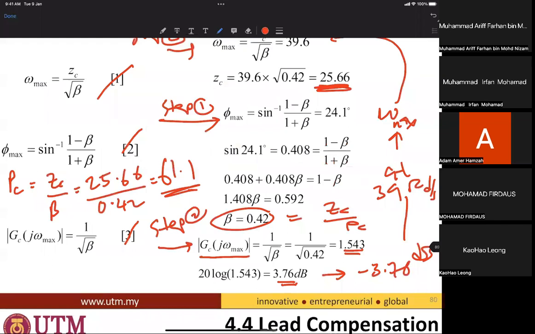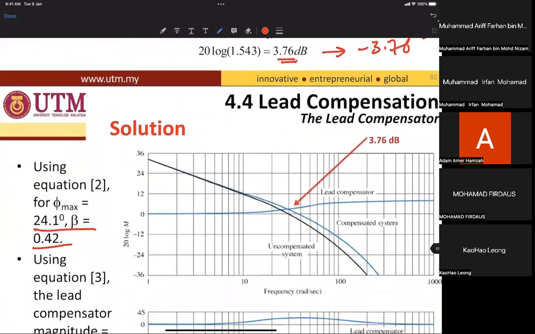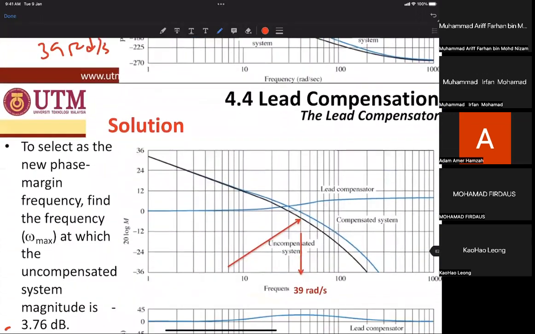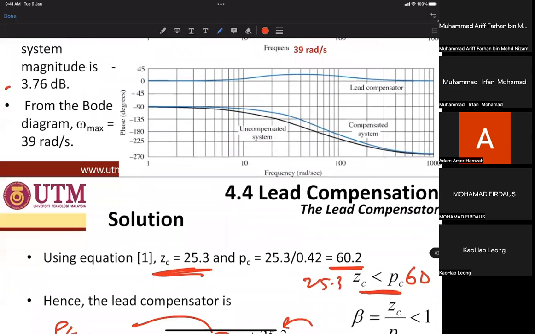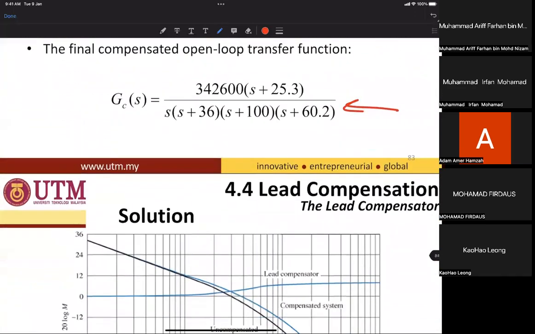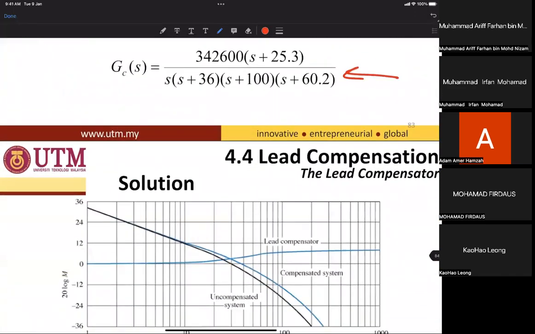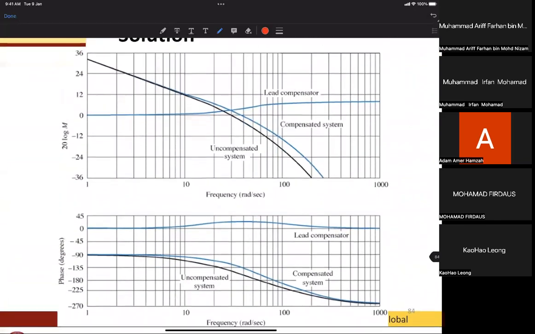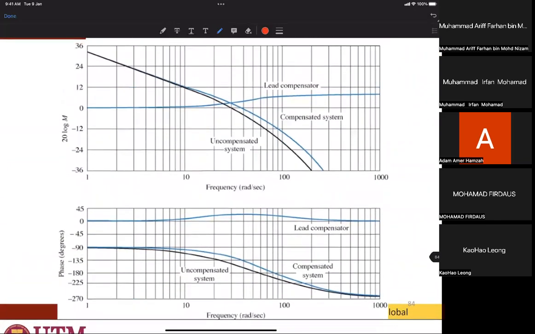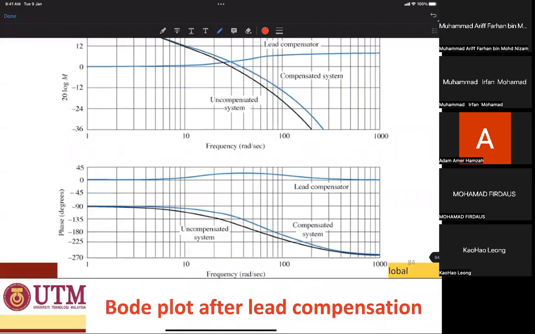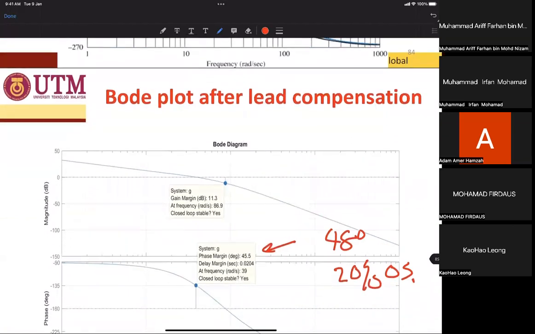Once you get the values, you insert them inside the formula, so everything is ready for the lead compensator. But for the lag compensator, you have to use the Bode plot given, take it out from the question, and you have to show the solutions and the lag compensator magnitude on that particular draft.